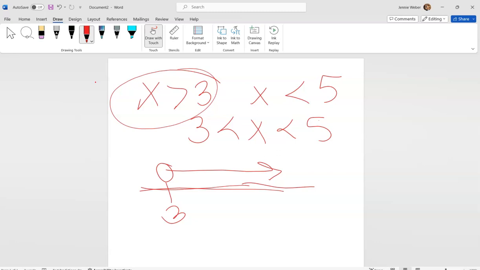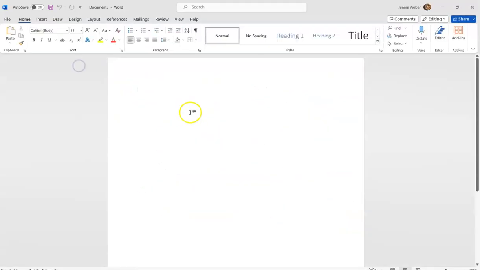In interval notation, we use a parenthesis. So a parenthesis equals an open circle. It means we do not include it. I'm going to open a second sheet here and write out some notes.